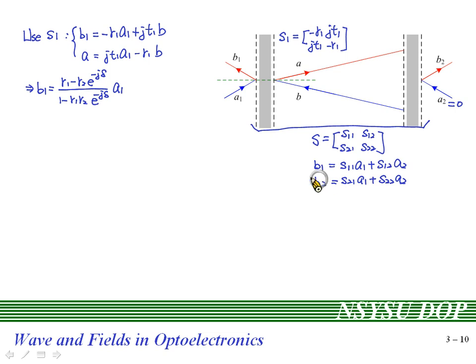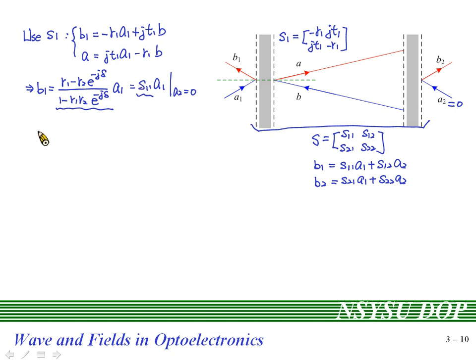And according to this equation, we know that if A2 is 0, B1 will be S11 A1 as A2 is 0. And this result is obtained by setting A2 to 0, right? So we can say this one will be S11.